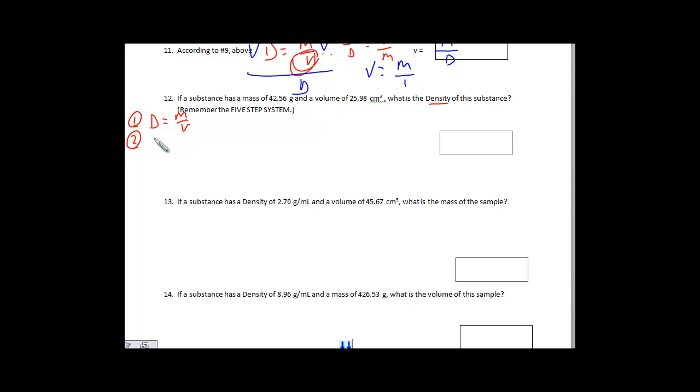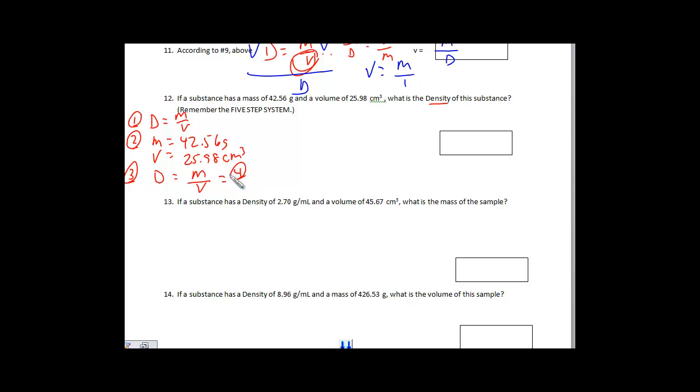The first thing you're given there is mass, and that's 42.56 grams. The next thing you're given there is volume, and that's 25.98 cubic centimeters. Okay, and then step 3, you've got 3 variables here. You're given 2 of them, so the one you're missing is density, and density equals mass over volume.